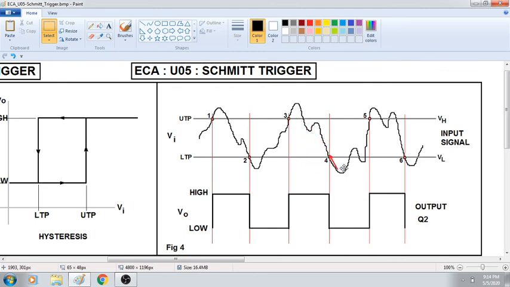So only when the input crosses at 4 from the higher side to the lower side, the output will transit from high to low, and it will remain low no matter what happens here. These are not transitions at all, because the threshold point has shifted from LTP to UTP. So now again the next transition will occur at 5.